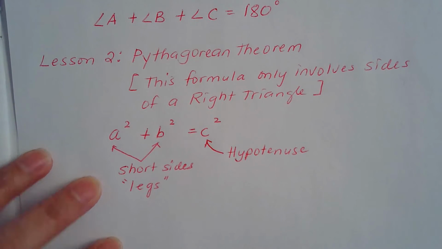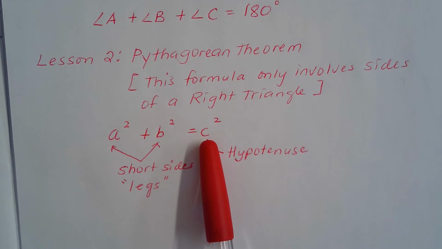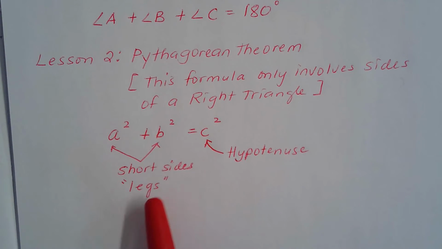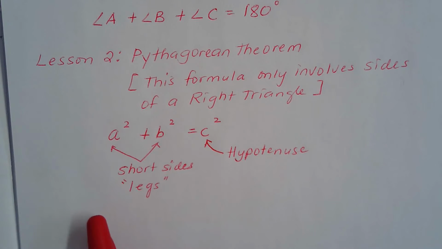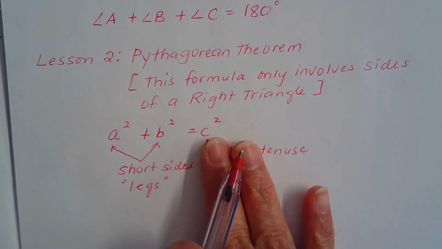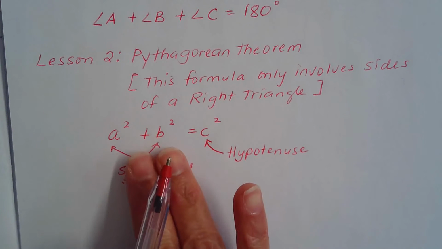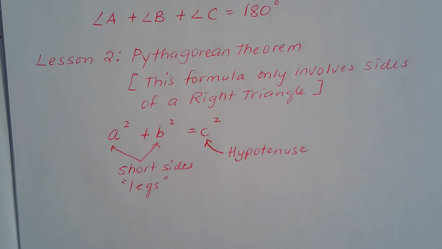Okay, those are the two short sides. Sometimes the question will ask you to solve for the hypotenuse, okay? And sometimes the question can ask you to solve for one of the short sides. So sometimes the question could be missing the hypotenuse or missing the B, one of the short sides.